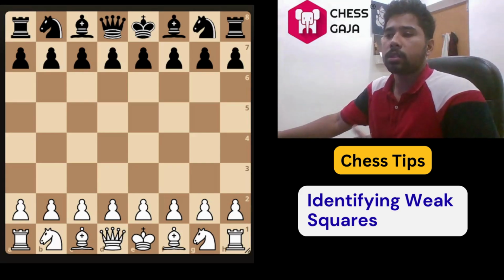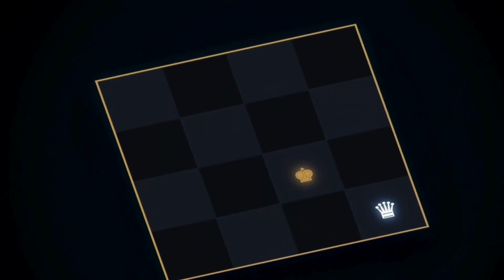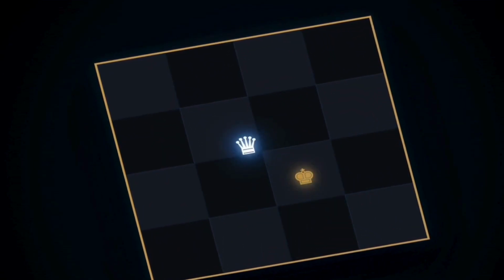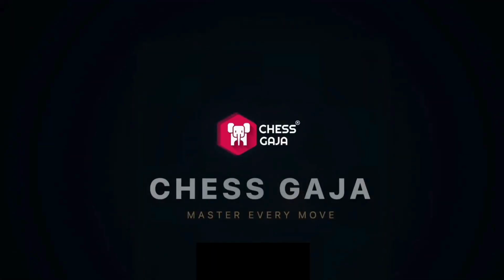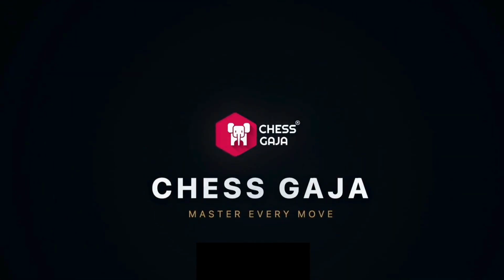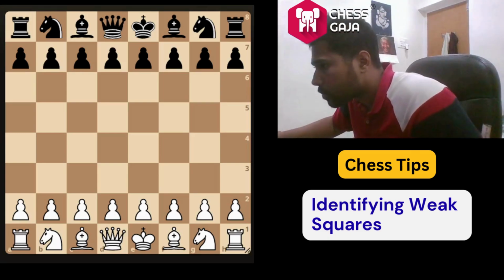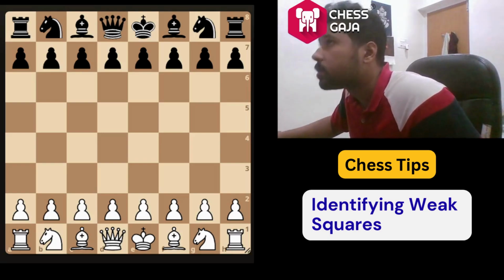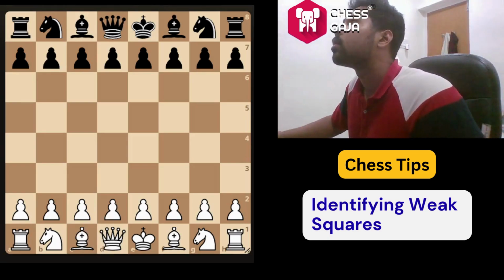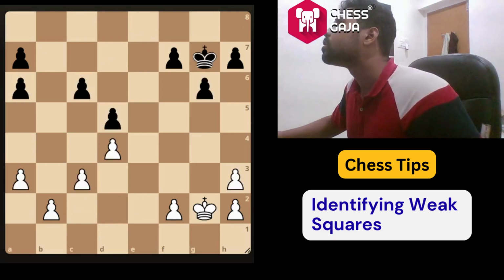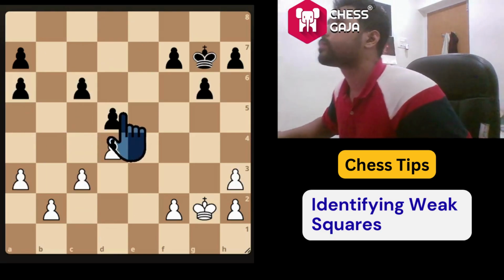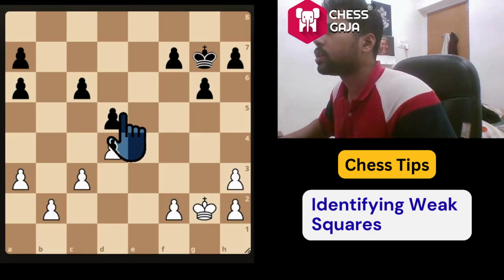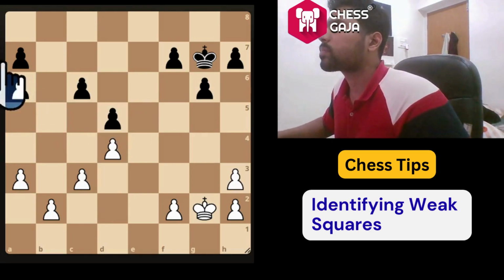What is a weak square? So, in our first position, which we are going to see, this position, as we can see, has many weak squares.